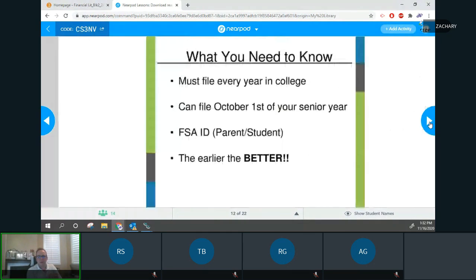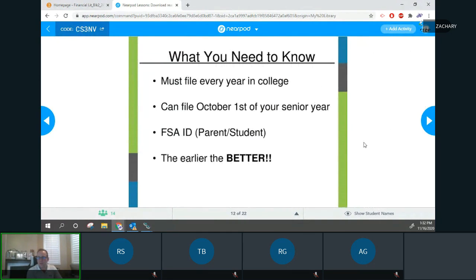You must apply every year that you're in college to get more FAFSA money. It doesn't really reoccur. You can file October 1st of your senior year.